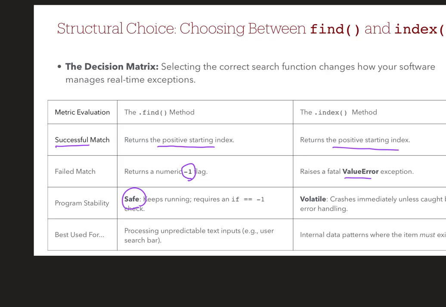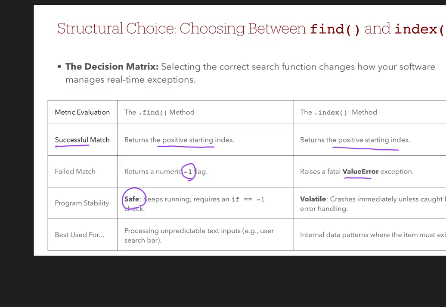So depending on the situation, you need to choose one. If you want to go on even when this expression is not found, you need to go with the find function. But if you want your program to stop when a certain expression is not found, you need to go with the index function.